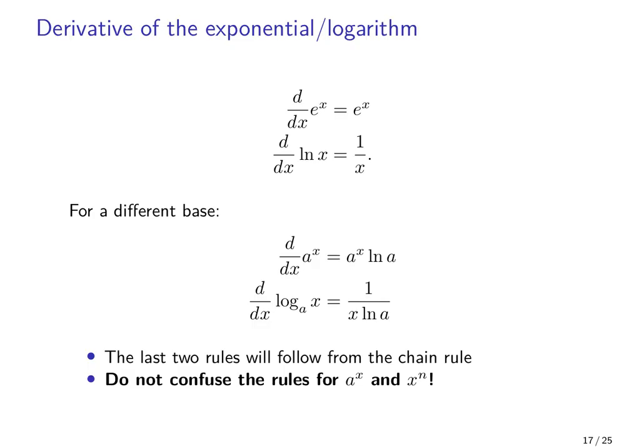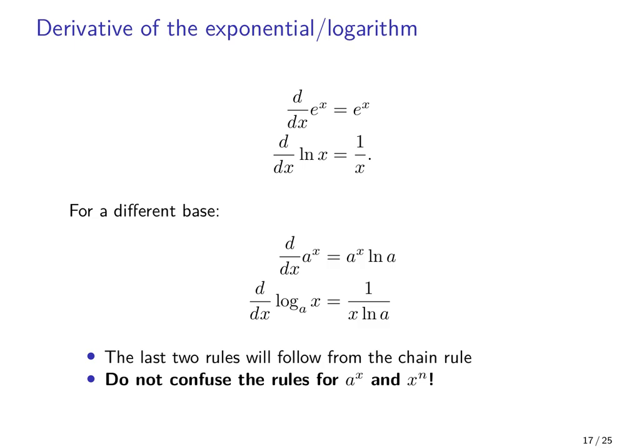Now, what if we have a different base than e in our exponential or in the logarithm? Well, then the rule is almost the same. d dx of a to the power x is a to the power x times the natural logarithm of a. And d dx of the logarithm base a of x is 1 over x times 1 over the natural logarithm of a.